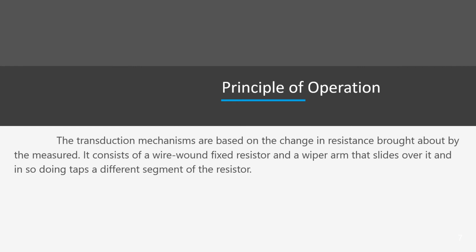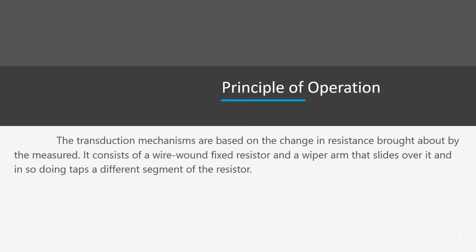For the principle of operation of potentiometric transducers, the transduction mechanisms are based on the change in resistance brought about by the measurand. It consists of a wire-wound fixed resistor and a wiper arm that slides over it, and in so doing taps a different segment of the resistor.